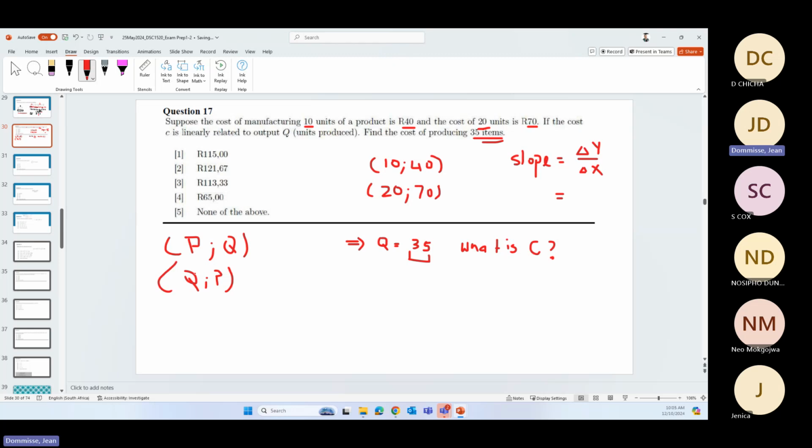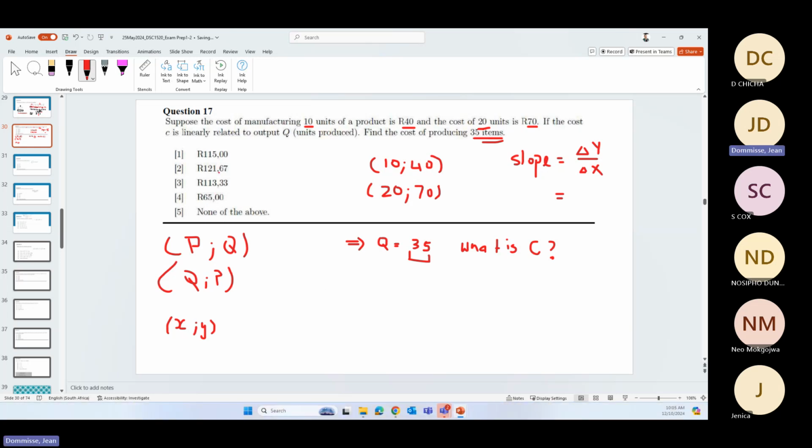So that is the one that is most important, because that will determine our X and Y. Which one would you have said? Is it PQ or is it QP? Because depending on the one that we use, it will give us a different answer.